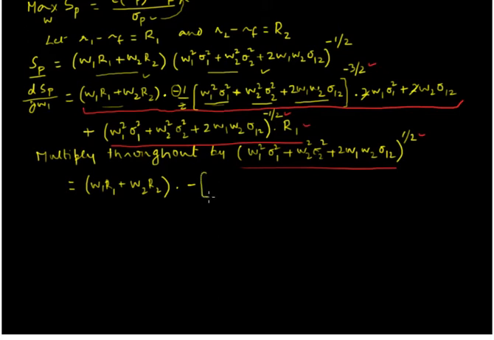And then we are going to write the portfolio standard deviation. Well, this would have been the portfolio standard deviation, but now, because we multiplied this term with this, the exponent is minus 1.